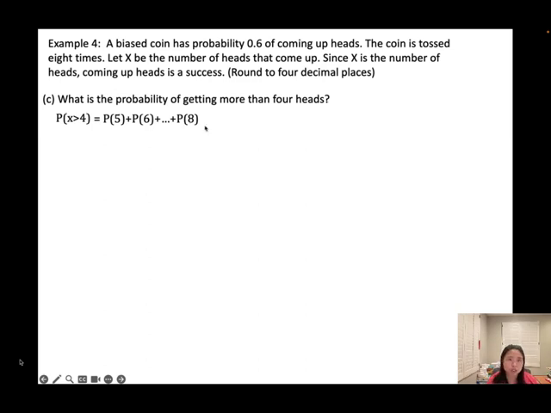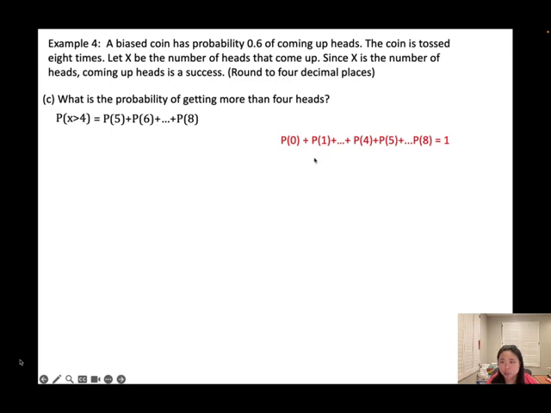For this one, we can't just apply the binomial CDF, because CDF is cumulative from 0 to that point, right? Right now, they are starting with 5 to 8. So what are we going to do? Remember one of the requirements for the probability distribution: when you add up all the probabilities, it will be equal to 1.